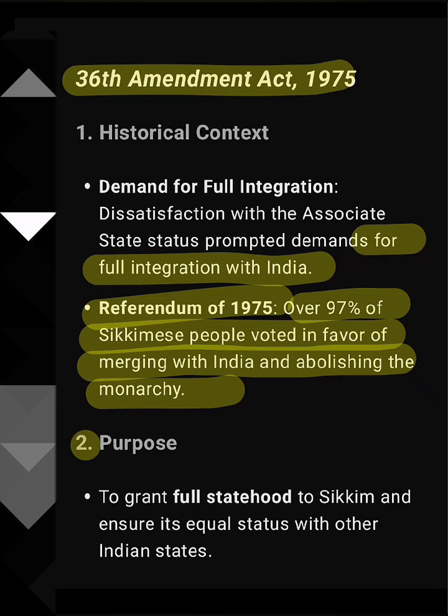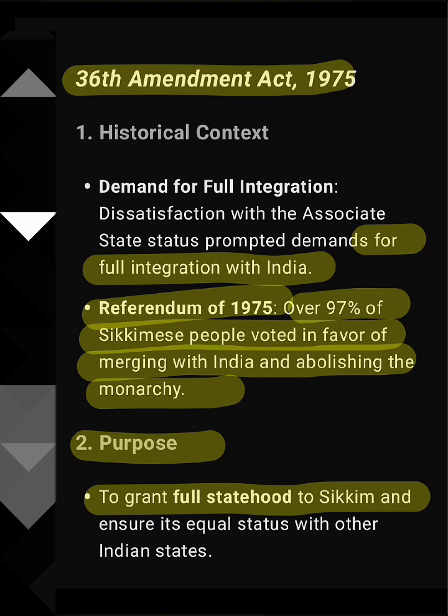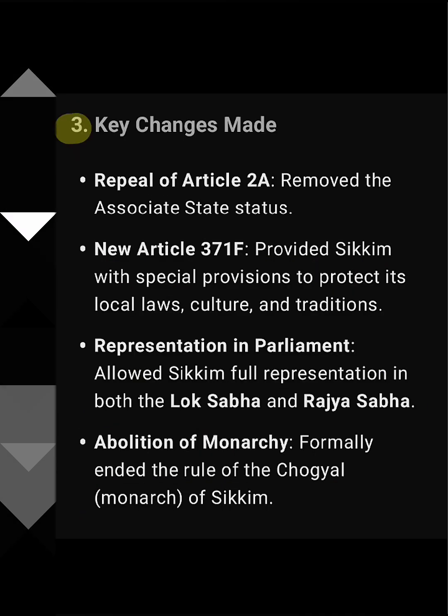So it was the will of the people of Sikkim to merge Sikkim with India. So the government of India brought in 36th Amendment Act of 1975 to formally integrate Sikkim as an Indian state. So the purpose of this amendment was to grant full statehood to Sikkim and ensure its equal status with other Indian states.